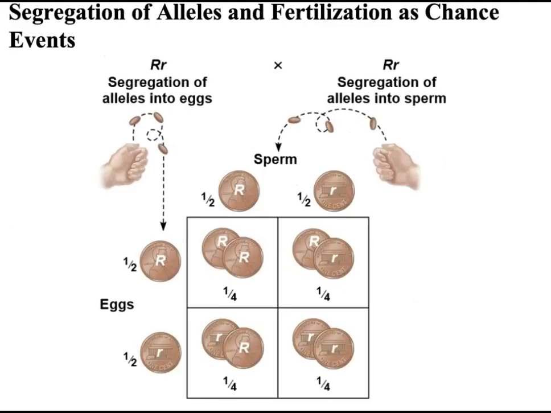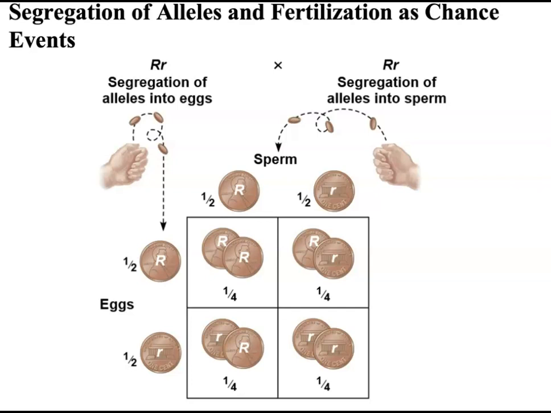Returning to our coin flip monohybrid Punnett square, to figure out the likelihood of a plant being heterozygous rather than homozygous, we will use the addition rule. You've probably already figured this out in your head without even realizing you were using the law of probability to do it.